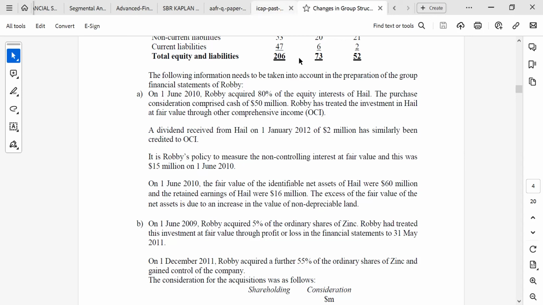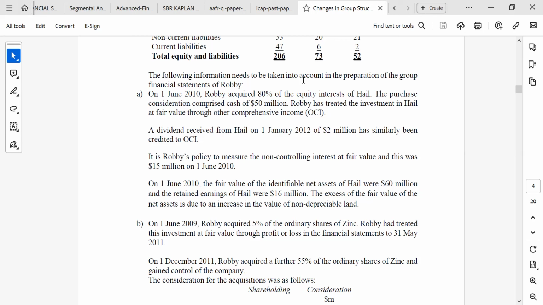We added the dividend received, and I don't understand because I thought dividends from subsidiaries are not supposed to be recorded. We added the dividend received of 2 million to group retained earnings.